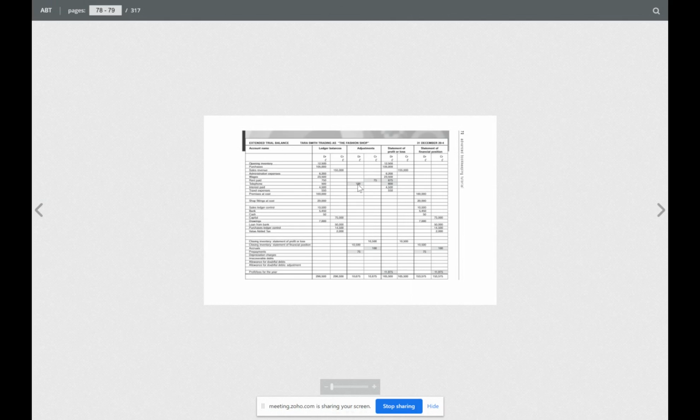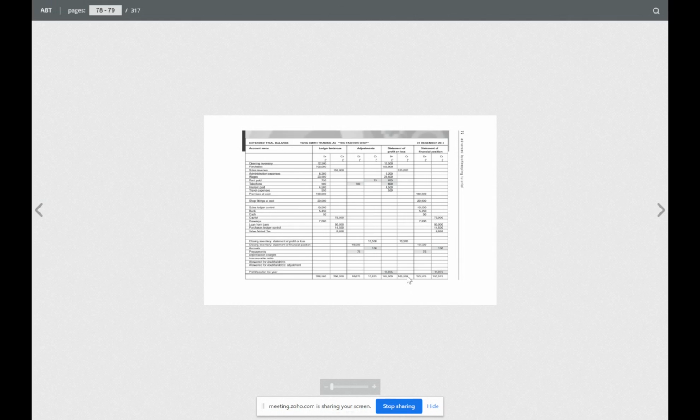So if 100 pound is debit here, it will be credit somewhere, and that will be accrual. Once we have put debit and credit on both sides, then we see the impact on P&L or financial position. 100 pound is debit here, so 500 debit plus 100 debit makes 600 debit. And here it is in credit as accrual, so it becomes a liability.